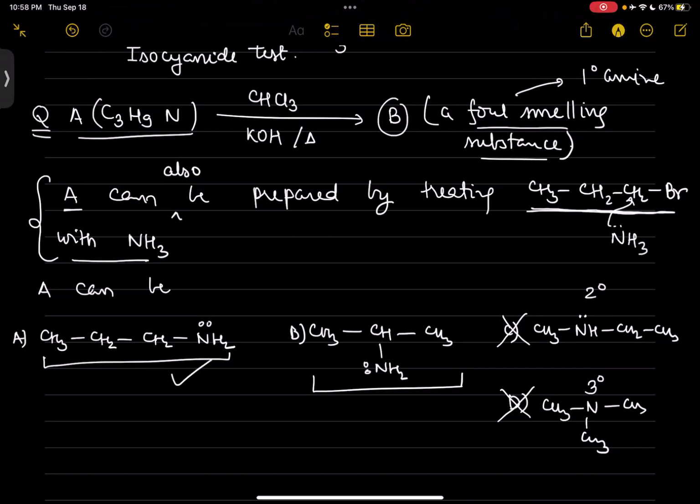Is it propan-1-amine or propan-2-amine? It is propan-1-amine. Option A only is going to be the right option, because if you have Br on the first carbon, the NH3 also should be on the first carbon. Are you getting my point or not?